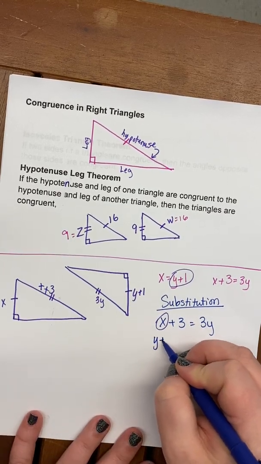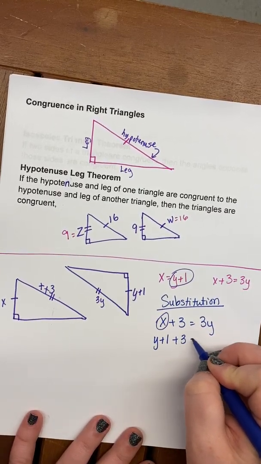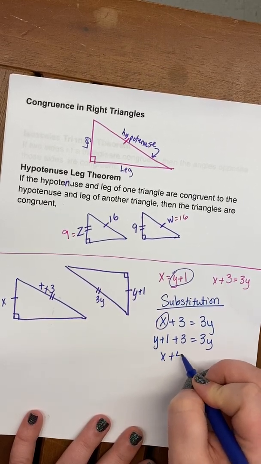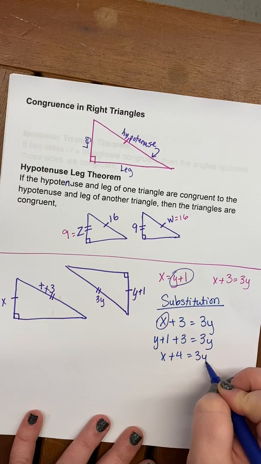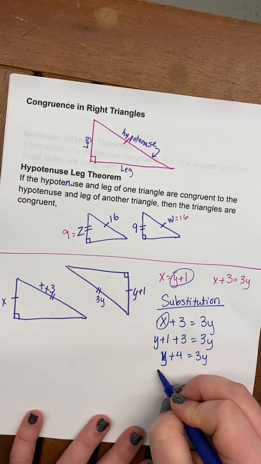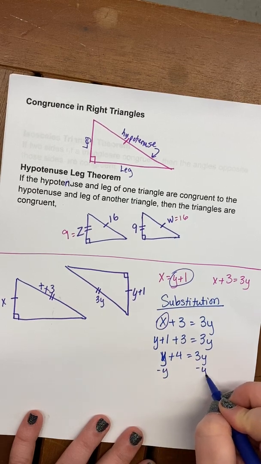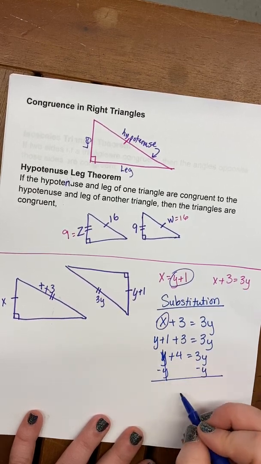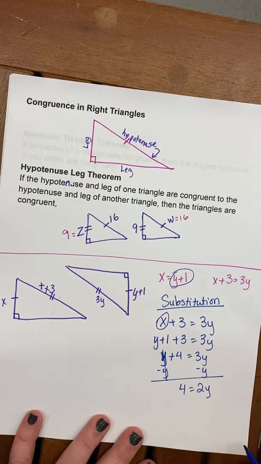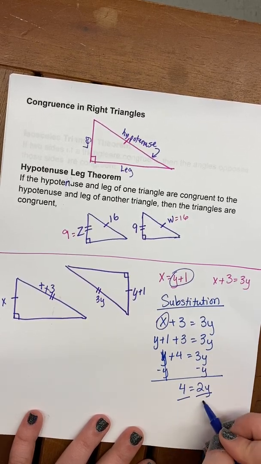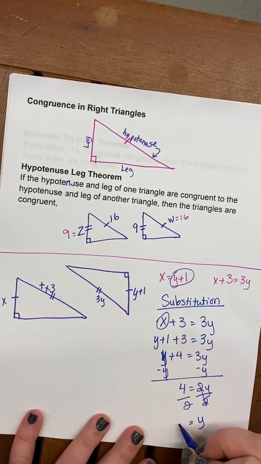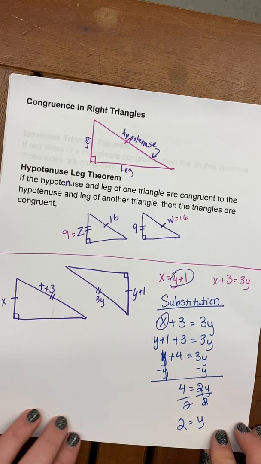So y plus 1 plus 3 equals 3y. I'm going to do some simplification. I'm going to subtract y from both sides. I divide both sides by 2 and get that y is equal to 2.